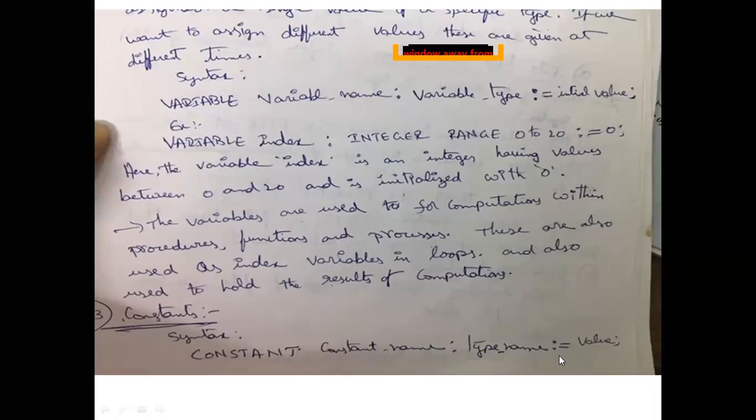Again, to declare constants also we use this operator, that is colon equal to. After that, we give the value we want to save in that constant here. And end with the semicolon. This is the syntax for writing a constant.